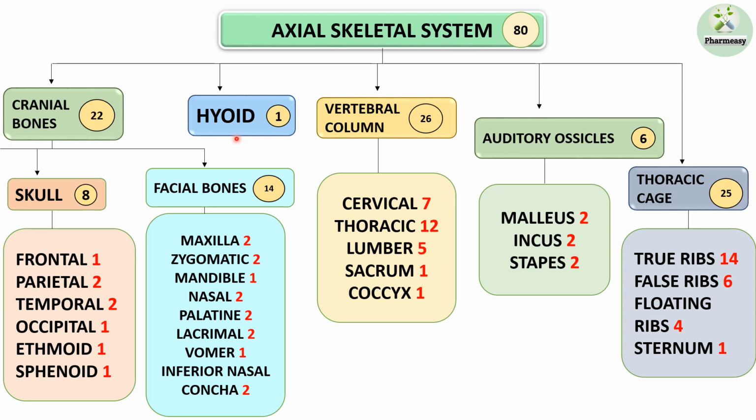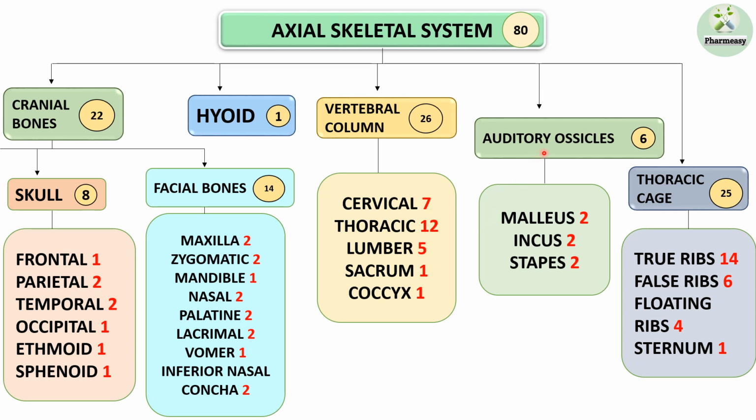Hyoid is a free bone, meaning it is not attached to any other bone, and our tongue is attached to it. So, it is also known as tongue bone. There are 26 vertebral bones as cervical with 7 bones, thoracic with 12 bones, lumbar 5 bones, and sacrum and coccygeal have only 1 bone each.